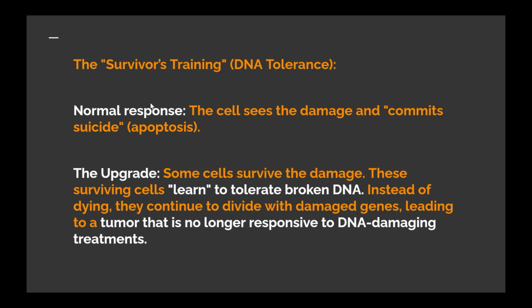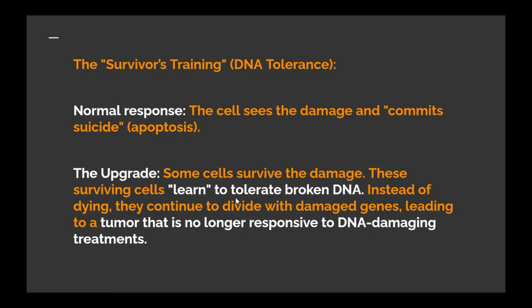There's a thing called the survivor's training, what temozolomide does to the cell. The normal response of any cell, when it sees the DNA damage, is to commit suicide, which we call apoptosis. What happens in TMZ treated cells is that some cells survive the damage.